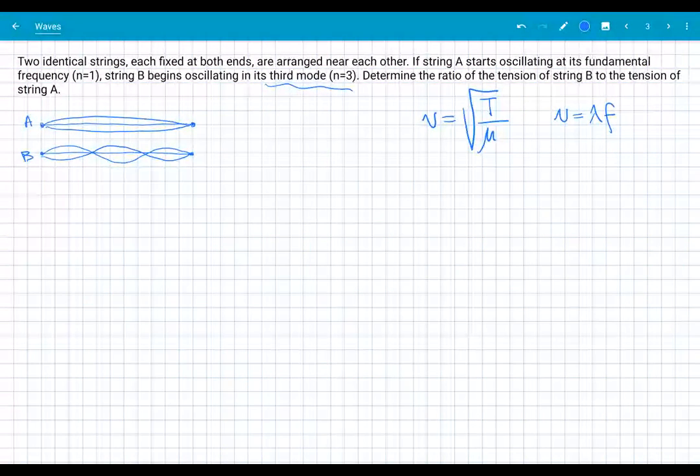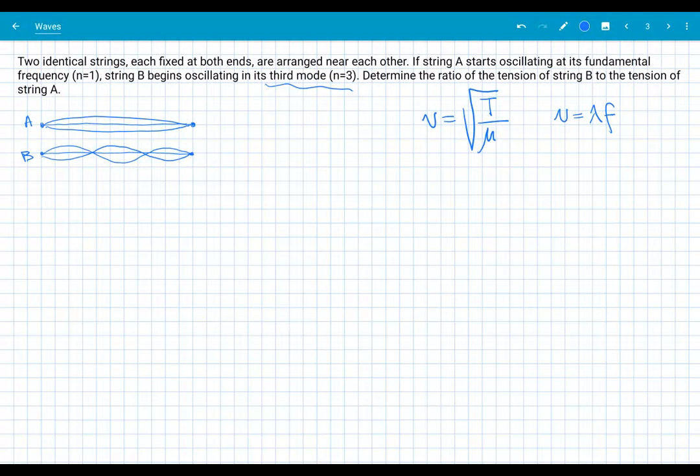There's a really important subtlety here. The problem says if string A starts oscillating at its fundamental frequency, string B begins oscillating in its third mode. That happens basically because string A is driving string B. So the frequencies of these two strings must be the same. String B wouldn't just suddenly start oscillating at a completely different frequency.